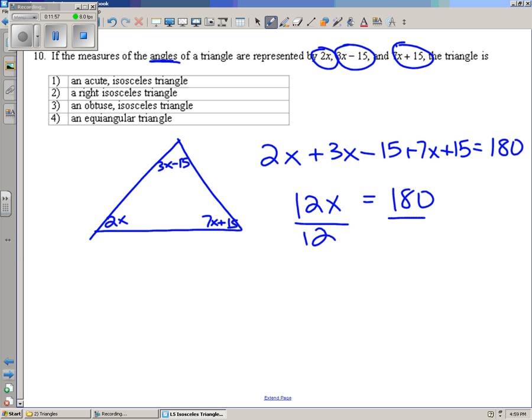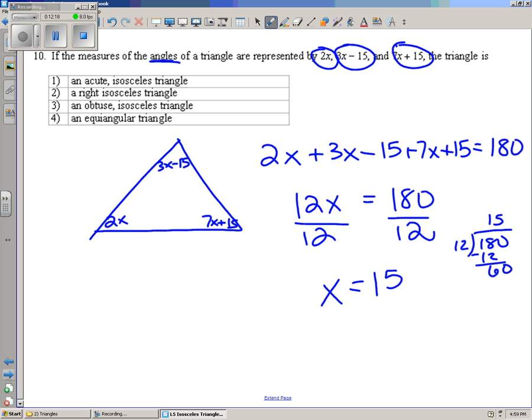Divide by 12, and x, we divide, 18 divided by 12 goes in once. 60 goes into 12 5 times perfectly. So x is 15, but we need to answer the question.